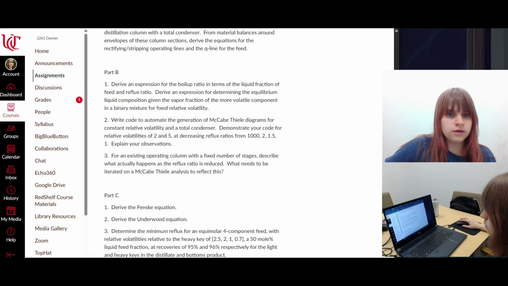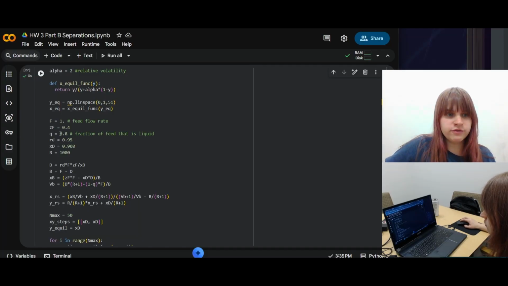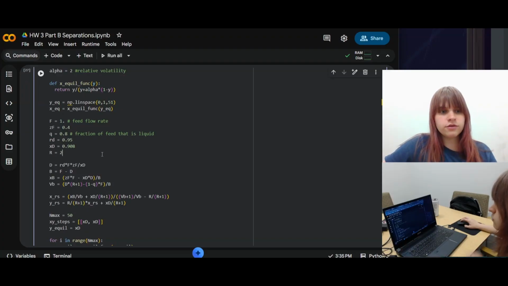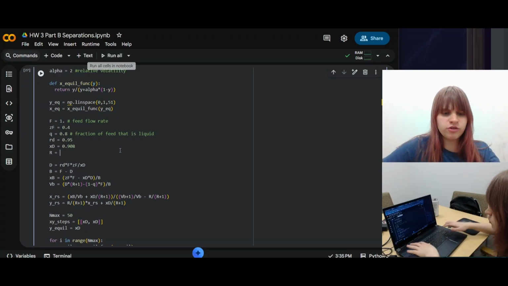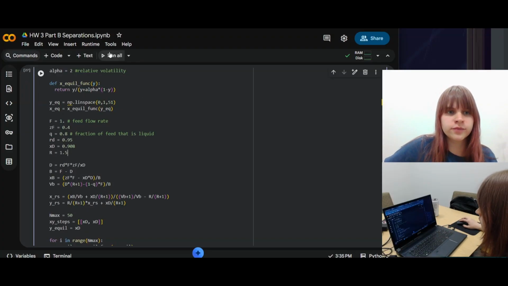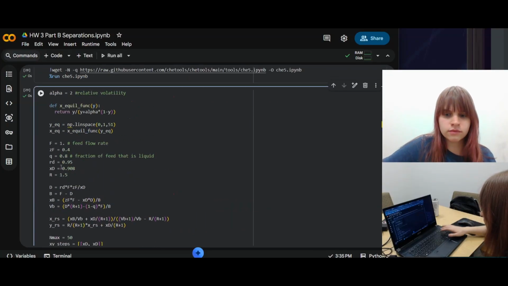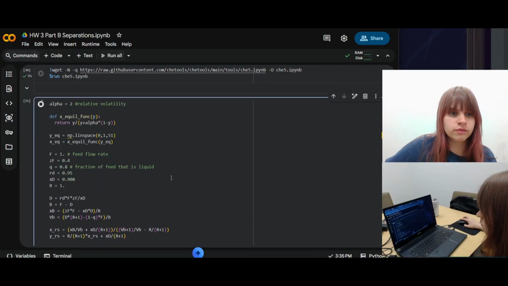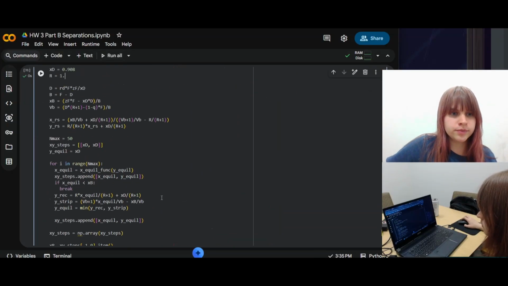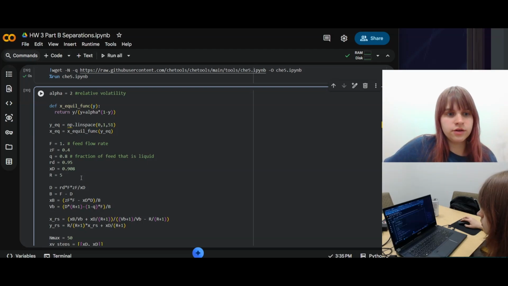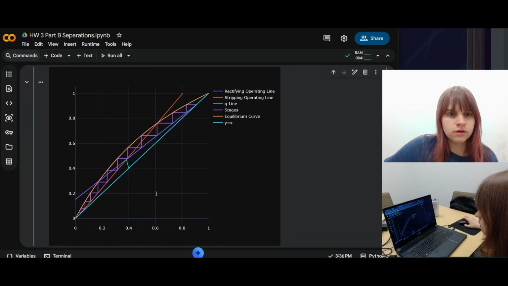And then 2, 1.5, and 1. So if we had 2, I think I already showed 2, so I'll show 1.5. Still above. And 1 is going to be even further up. So I think a good reflux ratio for now is 5. Yeah, so that looks like it's okay.